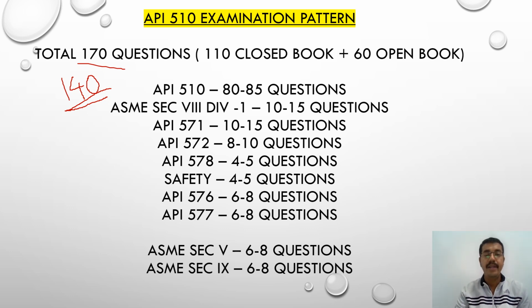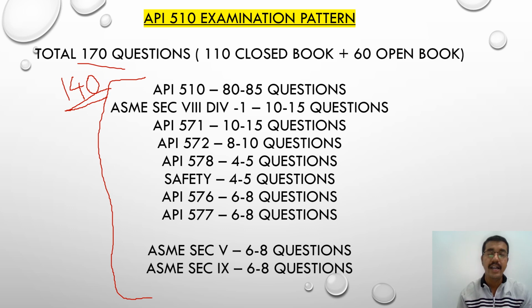In the API 510 examination you will find all these codes, and I have mentioned how many questions are possible from each. It is not exactly what I write, but it is more than 95% correct. Out of 170 questions, from API 510 itself you will get 80 to 85 questions, maybe 80, maybe 85, maybe 70.